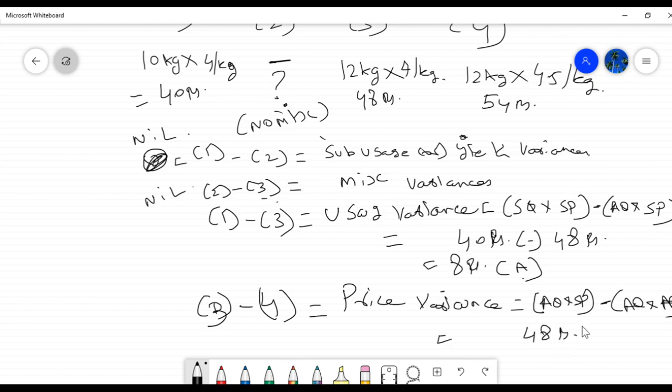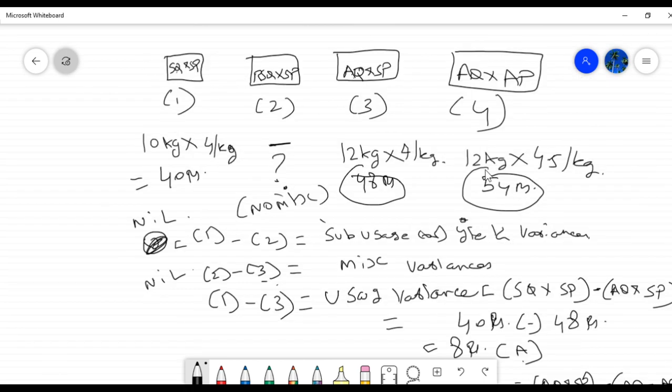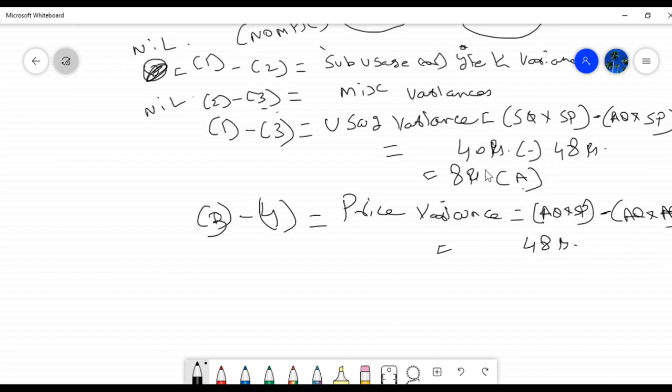That is what we arrived here. Correct? Just look at here. How much we arrived? 48 rupees. Here how much we arrived? 54 rupees. So 48 minus 54 equal to 6 rupees adverse.